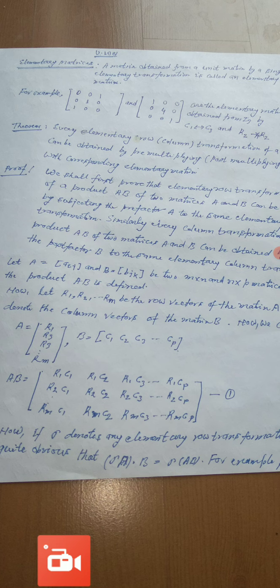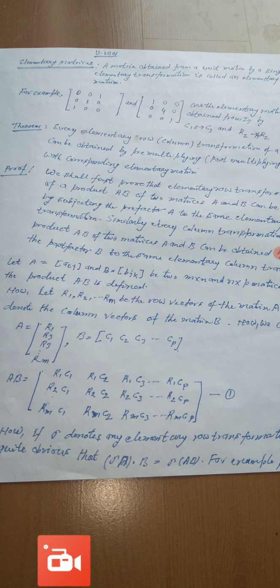So we can write A as a matrix in column form with R1, R2, R3 and so on up to Rm. Similarly, B in row form with C1, C2, C3 up to Cp.